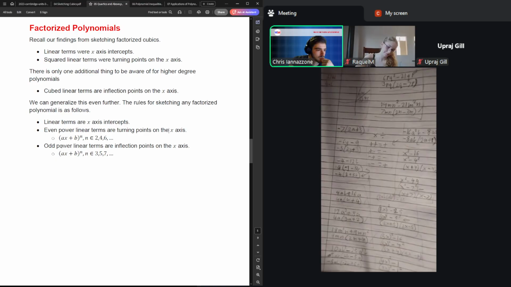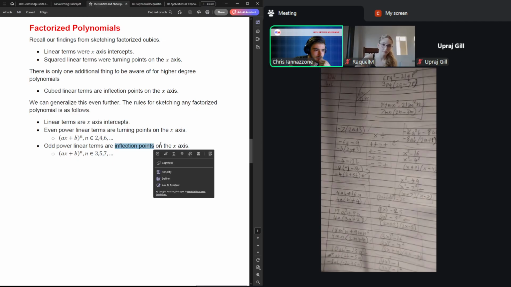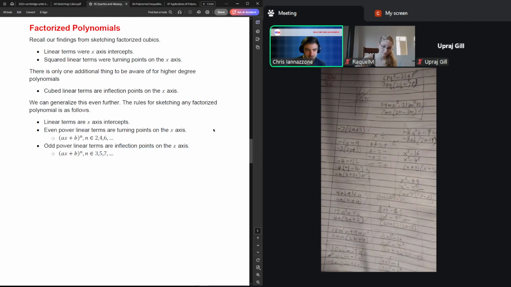And as for the new thing, any odd power, specifically from 3 onwards, because technically 1 is a power, but that would make it linear, would now be an inflection point, which should make a decent amount of sense, considering that x cubed would often have those inflection points. So it's really just one more addition.